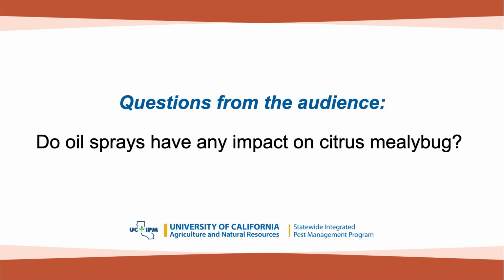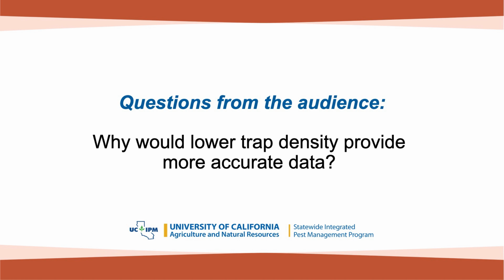Why would lower trap density provide more accurate data? Well, we only tested 3 trap densities, and we got consistent results with 1 trap per 10 acre. And when you're putting like 2 traps per 10 acre, we're not catching more.